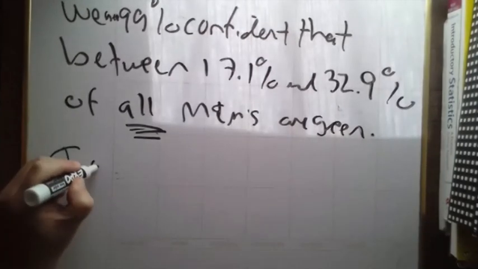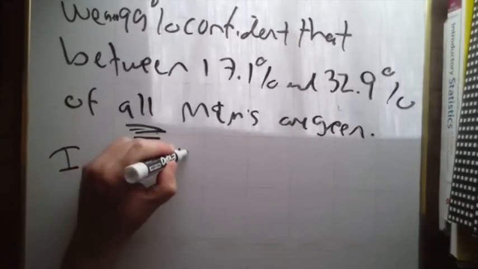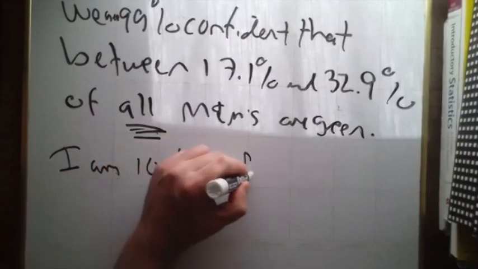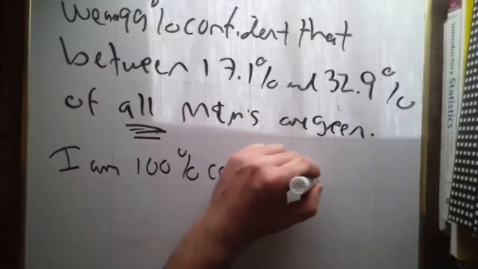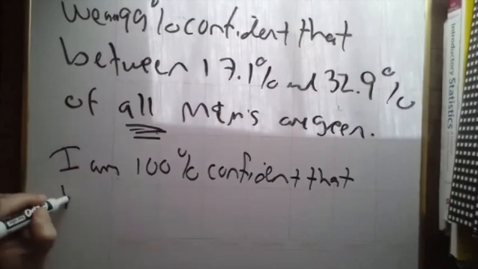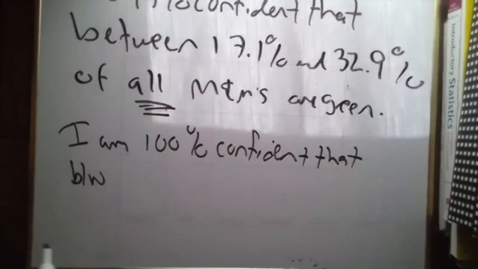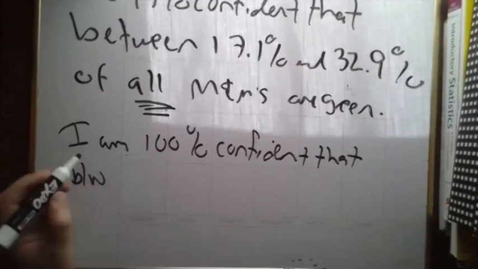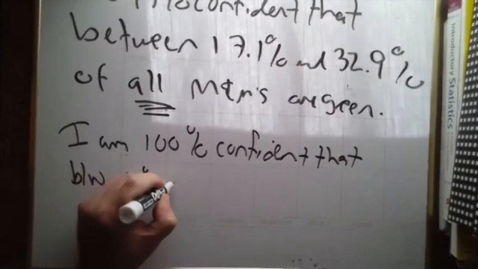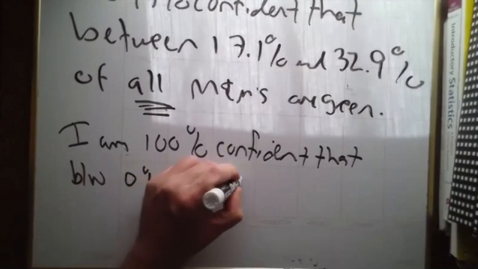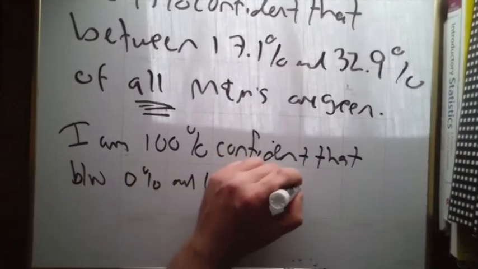I am 100% confident that between, you guys know that symbol for between, BW? You do now. That between 0% and 100% of M&Ms are green.